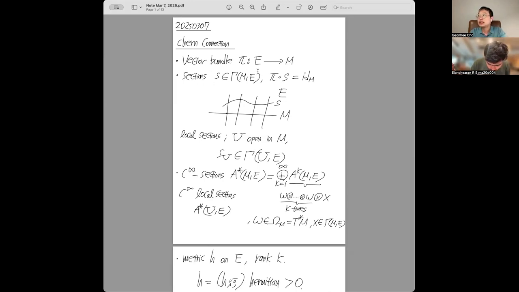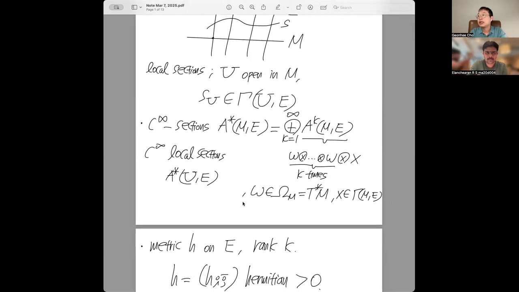And the sections of the given vector bundle can be visualized in this way: if we compose with the projection map pi, then we recover the identity on the given smooth manifold. We can also look at the local sections, meaning we choose an open subset and repeat the definition.